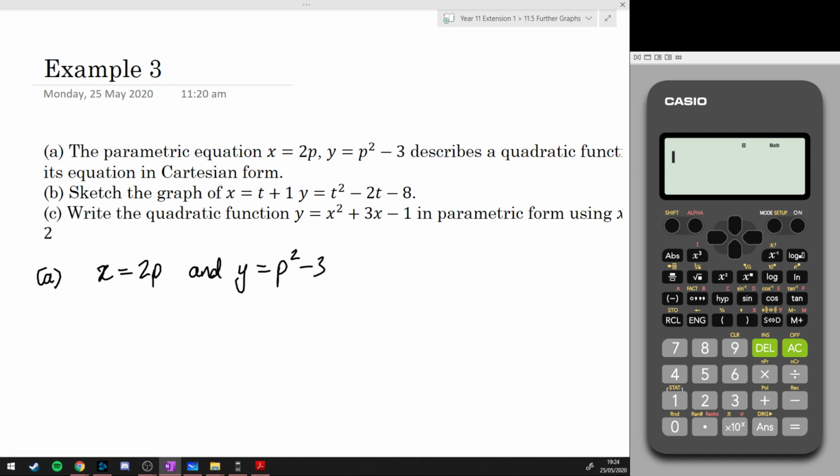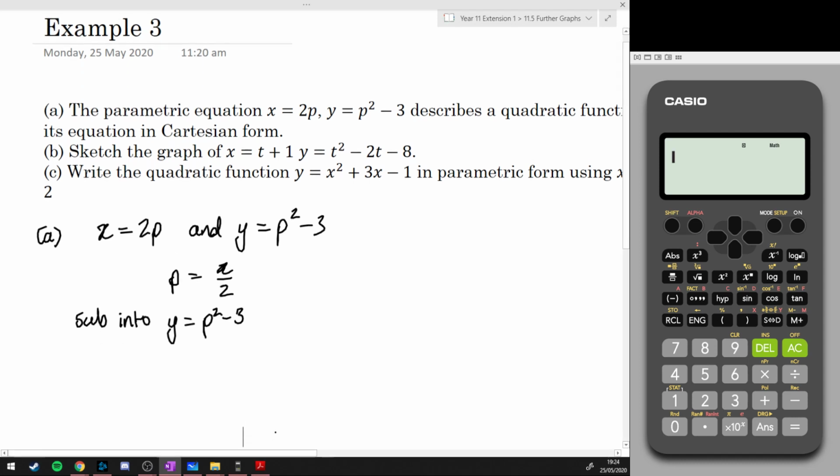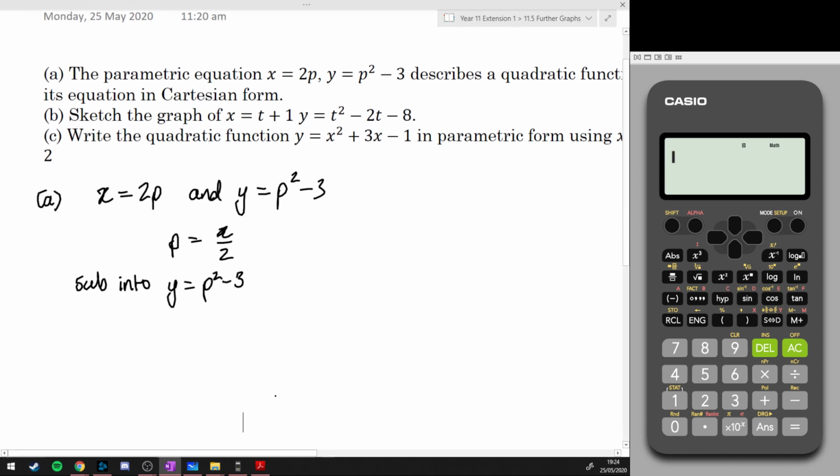What would be ideal is to rearrange the left-hand side for p and then substitute it into the y value. x is equal to 2p becomes p is equal to x on 2. Then we substitute it into y is equal to p squared minus 3, and what we come up with is y.